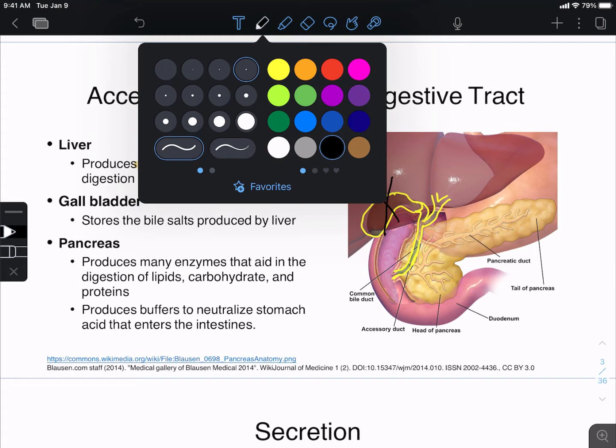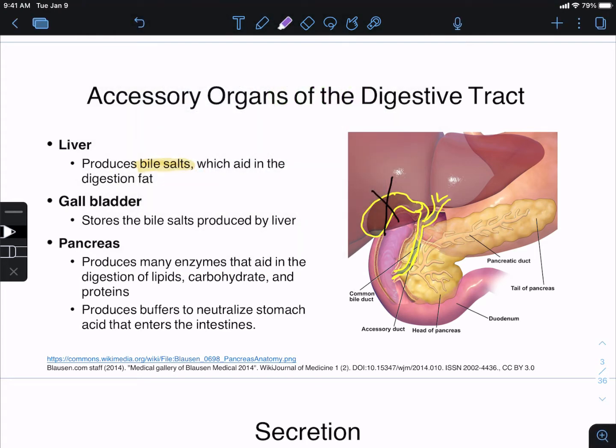There's sometimes consequences to that, some sensitivities to high levels of fat and so forth, but you still have bile salts being emptied into the intestines due to production in the liver. So remember, the gallbladder is just for storage. The liver is actually producing it.